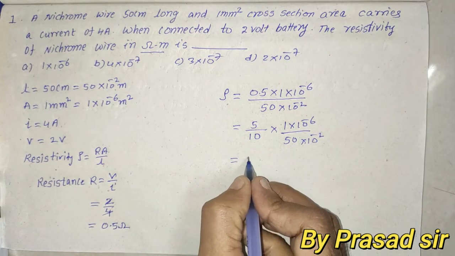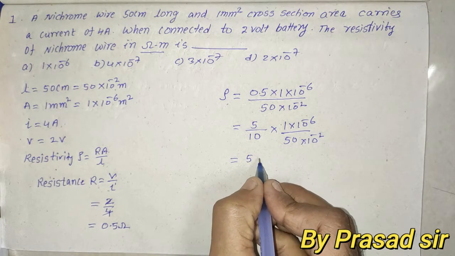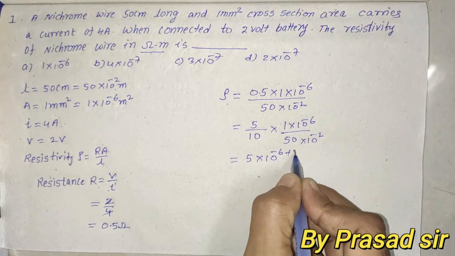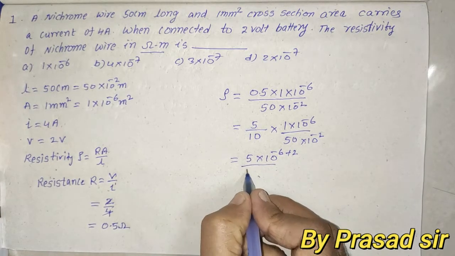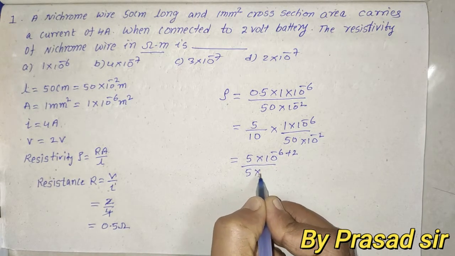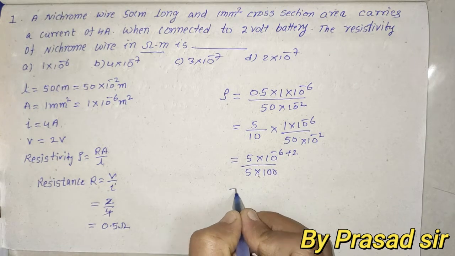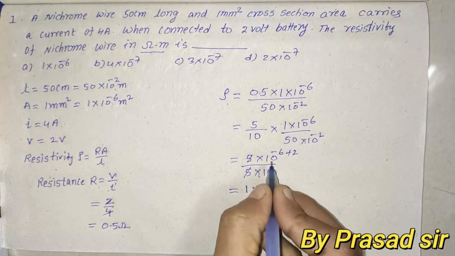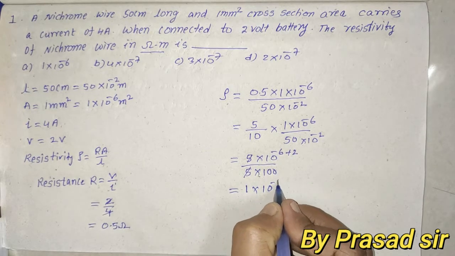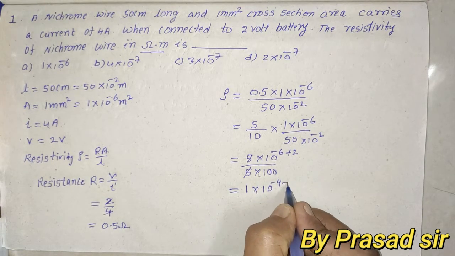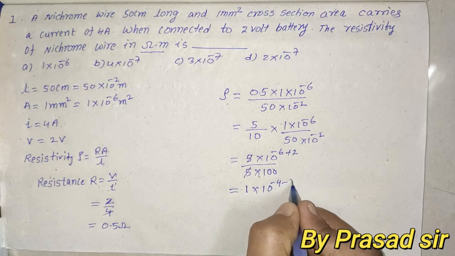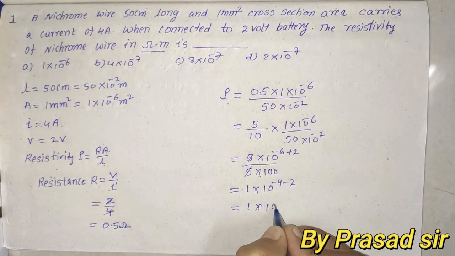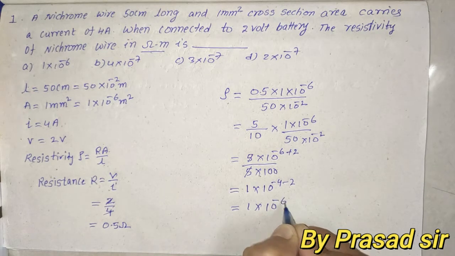So here 5 cancels, and 1 into 10 to the power of minus 6 plus 2 minus 1 minus 1, that is plus 2 minus 2. So here rho is 1 into 10 to the power of minus 6.